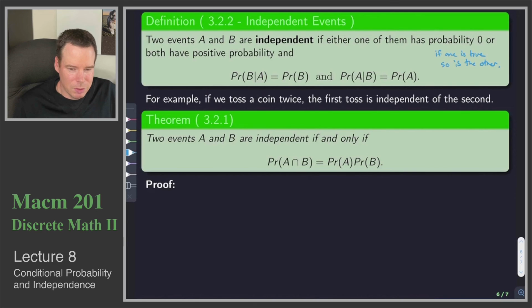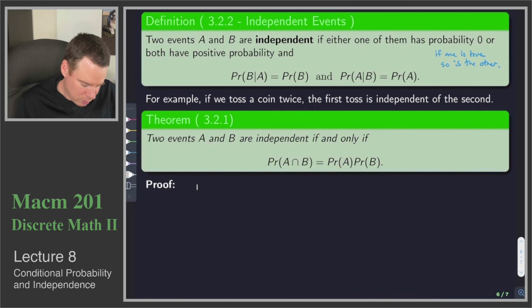By the way, this theorem is what Grimaldi takes as a definition of independence in the textbook. So he uses this, the probability of the intersection is the product of the probabilities, as the definition of independence, and then would get what is our definition as a result. But we've chosen to go with the conditional probability definition first, and then we'll prove this intersection property from it.